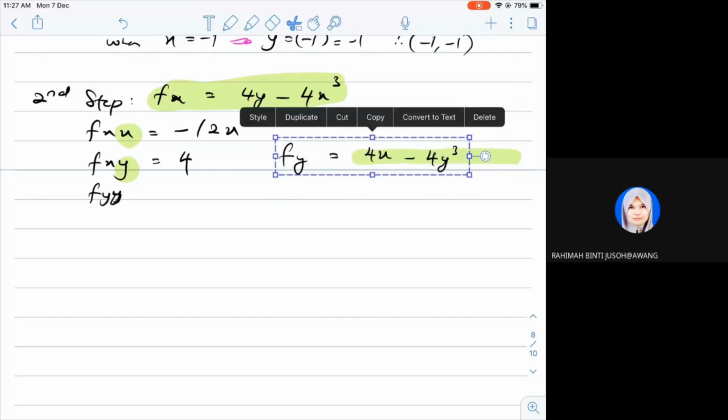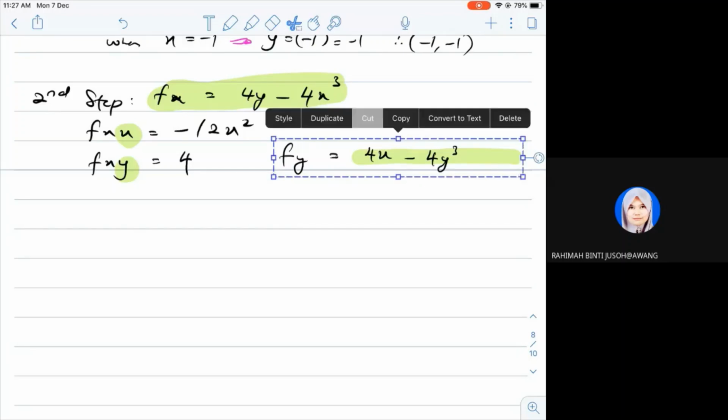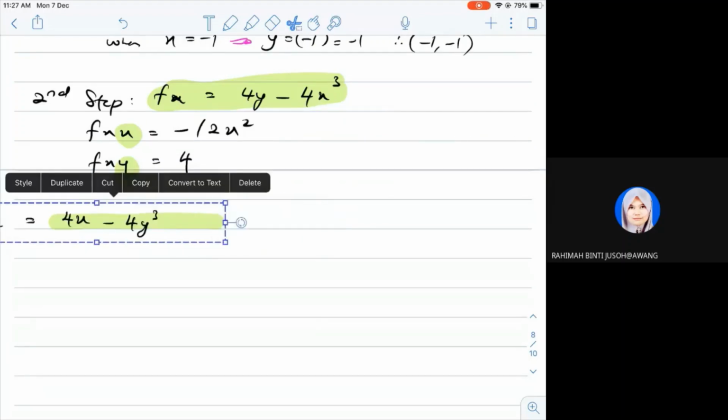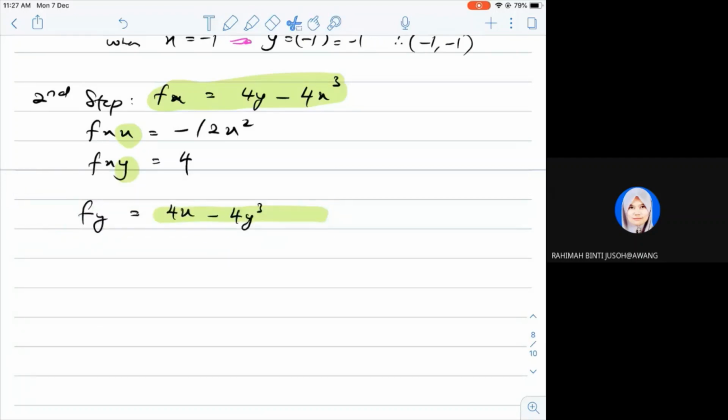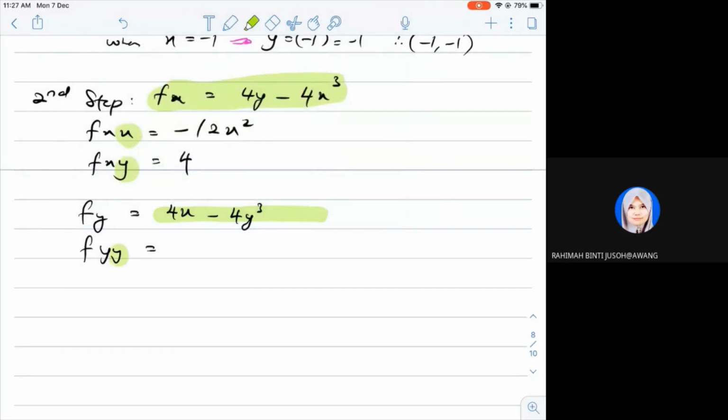Ni, fy. Okay, kita buat ke bawah sikit lah. Baru you tengok fyy. So dalam fyy ni kita differentiate with respect to y again. So kita refer fy, of course we will get what?